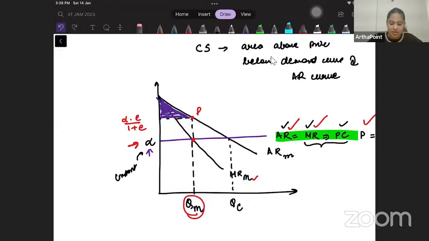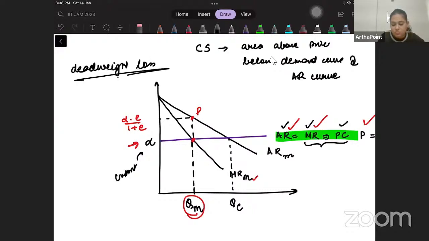Sometimes in the exam, though it didn't come in this question, they might ask you to calculate deadweight loss. Then it would have been this area, the smaller triangle. This is my deadweight loss.